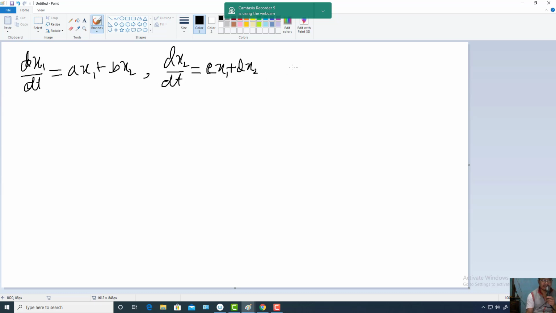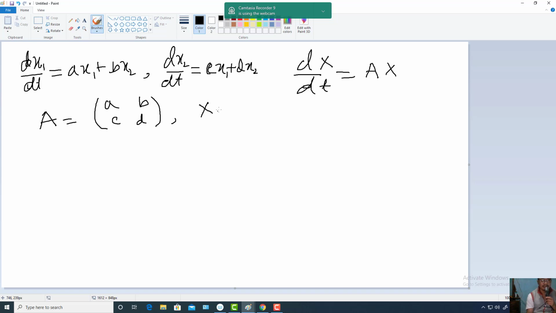So this system can be represented in matrix form: dx by dt is equal to A x. Here capital A is given by the square matrix with entries a, b, c, d, and capital X is the column matrix with entries x1, x2.